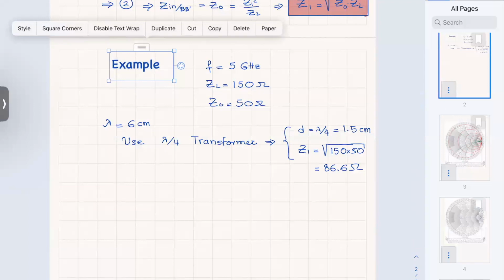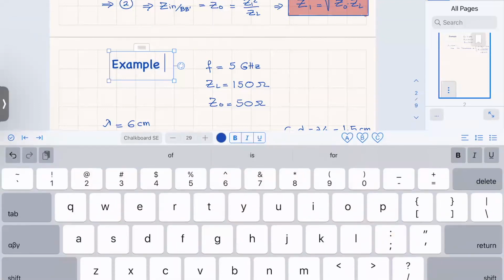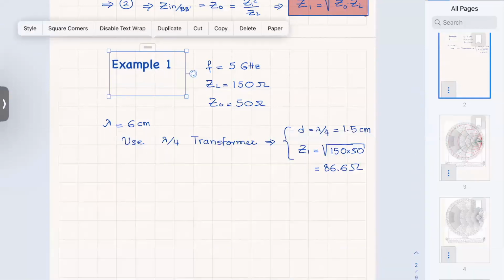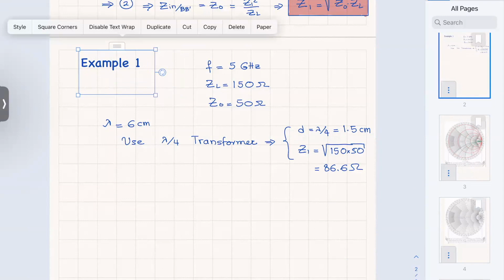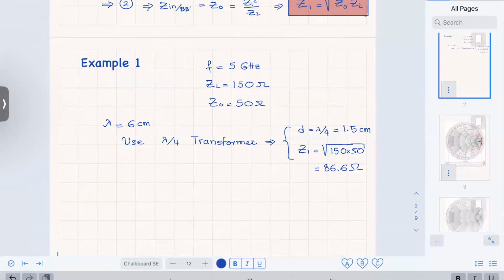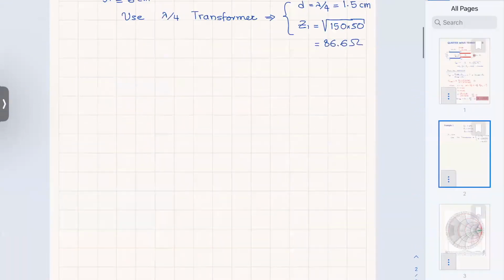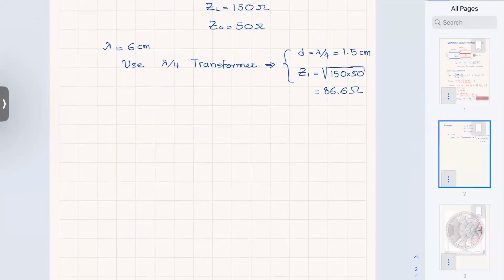Okay, so example 1. All right, so let's put it here. Now we'll do a second example. Example 2, where we have to use the Smith chart. Let me also draw a line here.